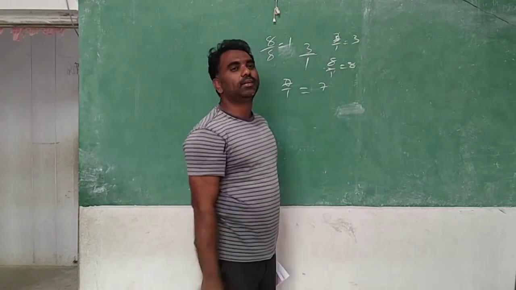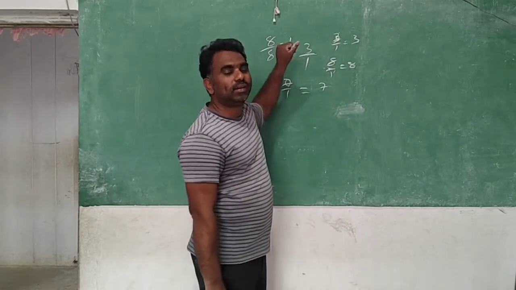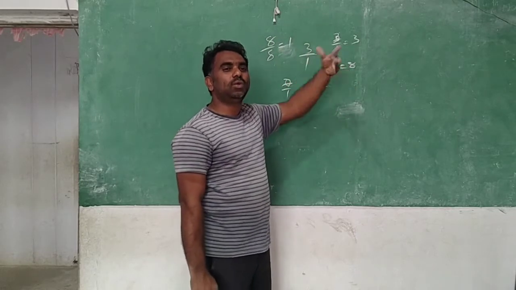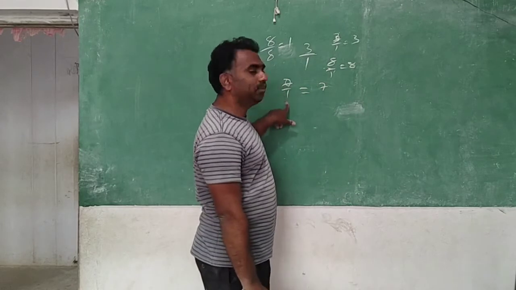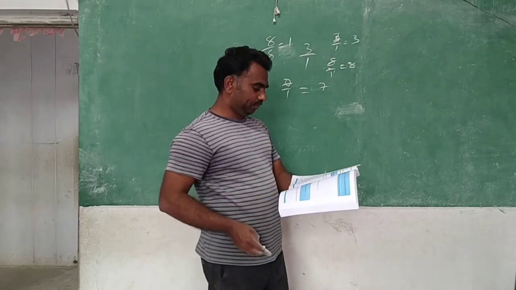Integers are coming with that. 8 by 8, 1. 7 by 7, 1. 9 by 9, 1. 10 by 10, 1. So integers will come. When by 1, the integer will come. So you can answer all these.